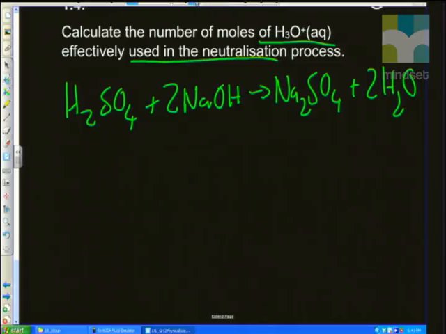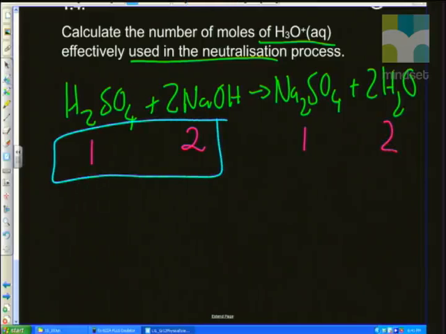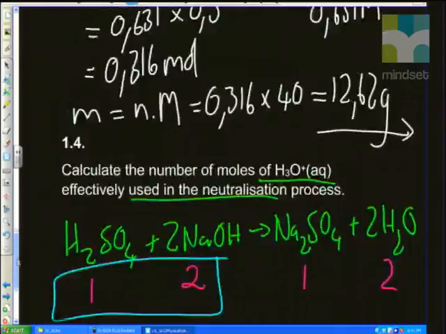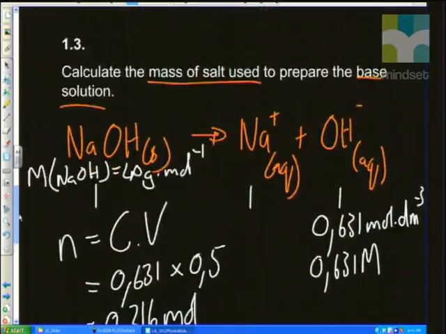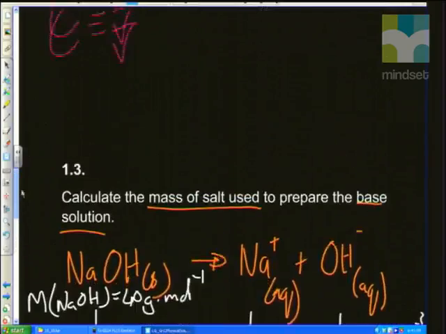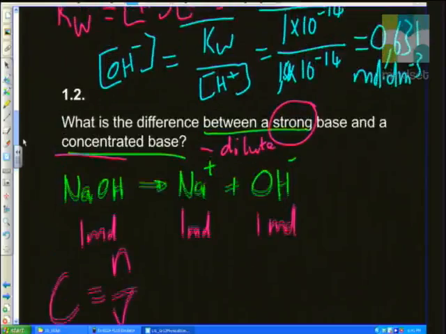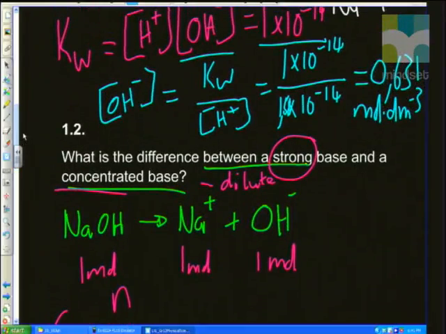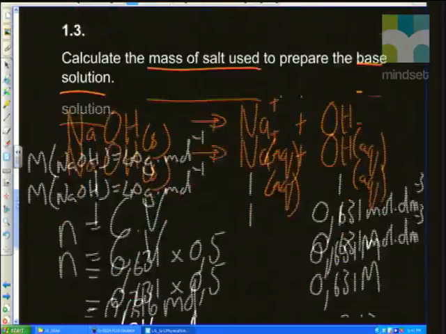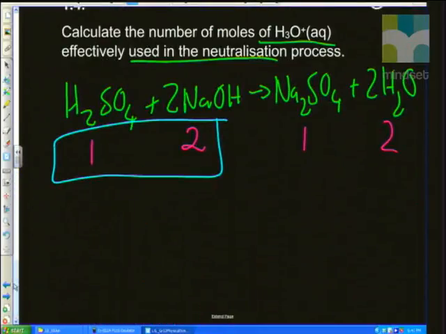Now, what do you notice here? I hope you can see 1 mole of that reacts with 2 moles of that to produce 1 mole of that to produce 2 moles of that. What we're really interested in is this ratio, because we've just worked out that the hydroxide ion concentration back here was 0.631 mole per decimeter cubed.